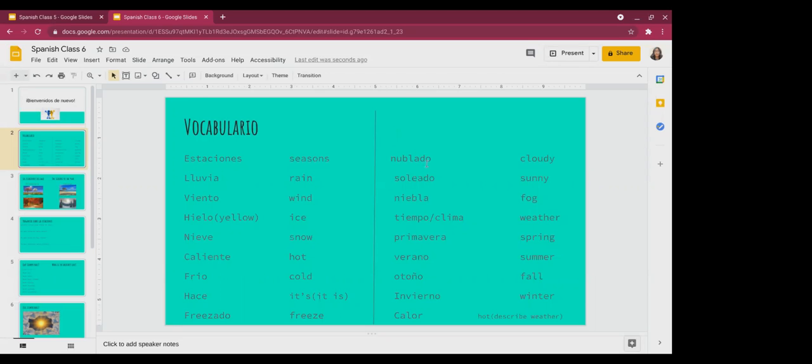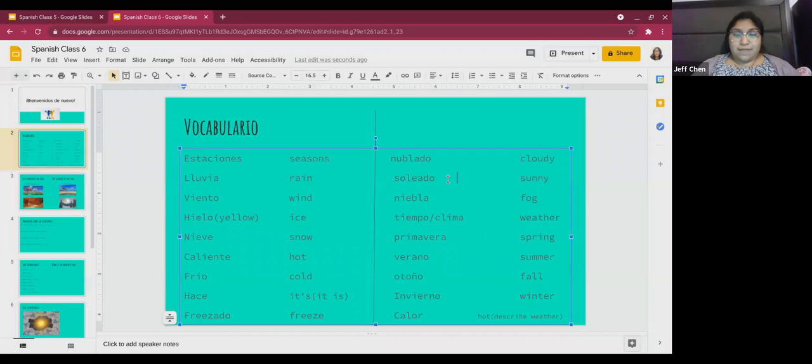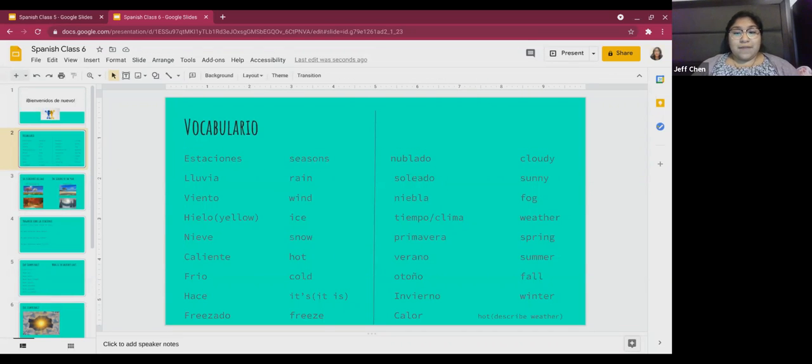So now the next one is nublado, which means cloudy. The next one is soleado, right? For sunny.